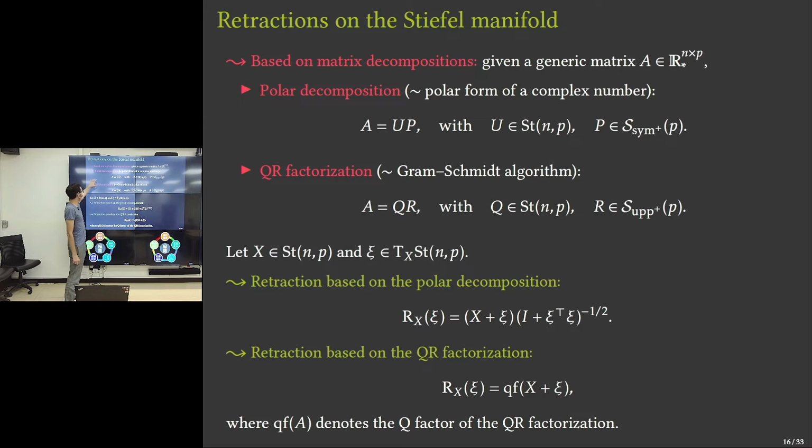The polar decomposition has this name because it reminds us of the polar form of the complex number, rho e to the power of i theta, with rho the radius and theta the angle.